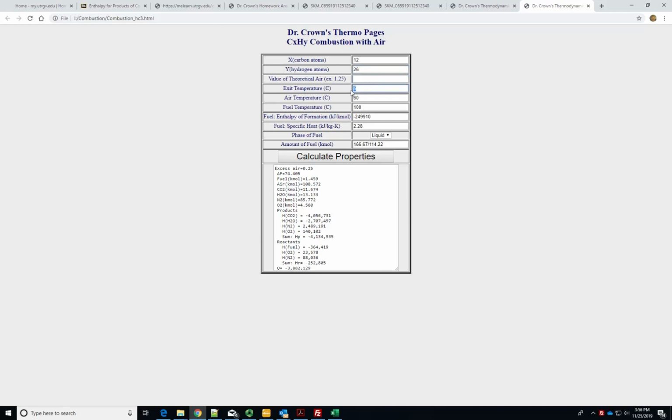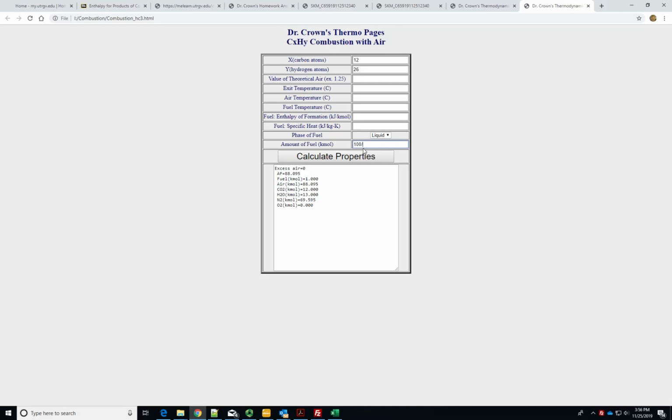I don't believe we really need anything else here. Actually, I can just rerun it, and this will give me all the components. I believe it was no excess air. The only thing given was the amount of fuel, so this was 100 kilograms.